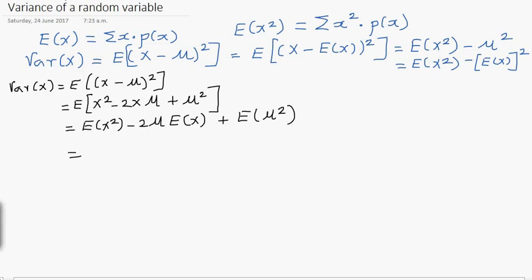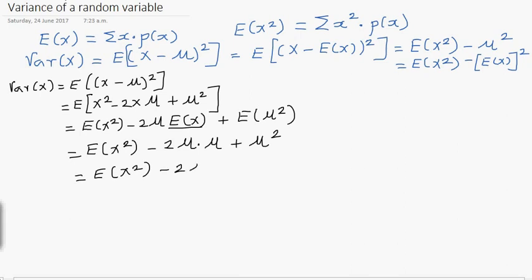That is equal to the expected value of x squared minus 2 times mu. Now the expected value of x is mu, so times mu, plus mu squared. So this is going to be the expected value of x squared minus 2 mu squared plus mu squared.